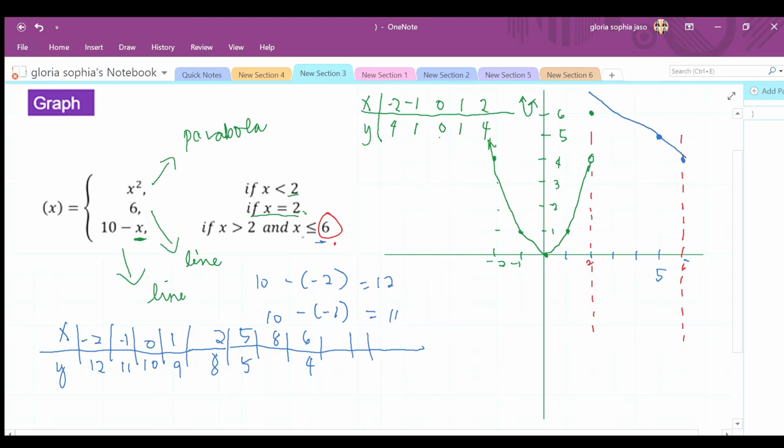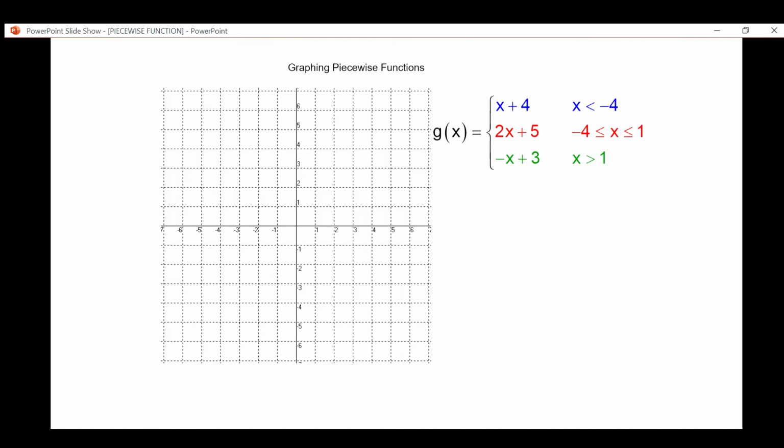So, dito kasama, ha, class. So, dito, shaded. Shaded tayo dito. Tapos, dito, sa 2, hindi kasama. So, open hole tayo dito. Okay? So, yan yung itsura ng graph natin. Tuto na tayong mag-graph ng piecewise function.